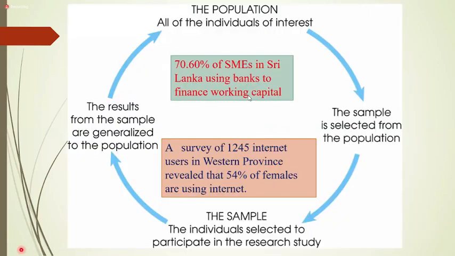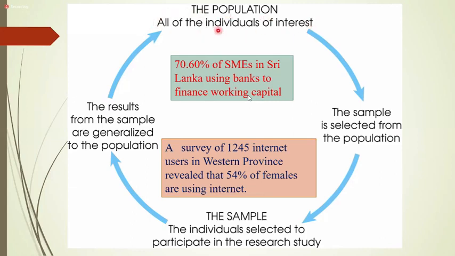So now we are putting together the summary, right? We have some interest in studying a particular attribute of individuals, or a particular attribute of objects. First we have to identify the population, that is all of the individuals of interest or all of the objects of interest.